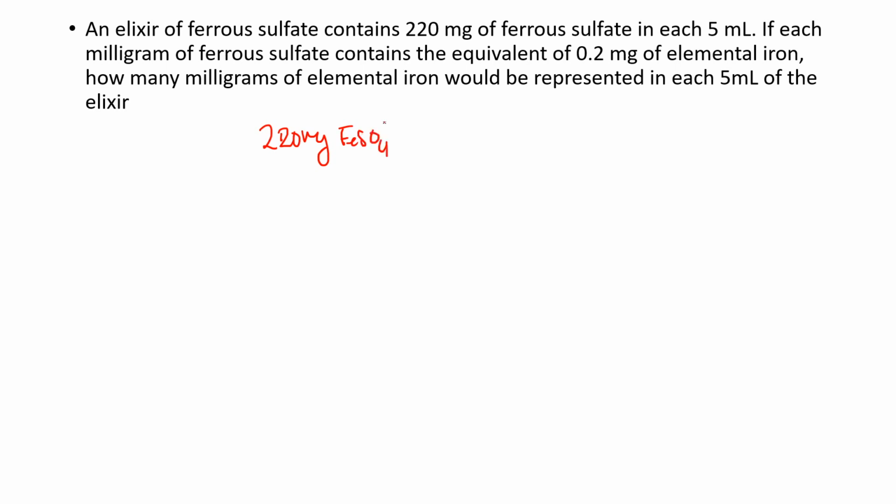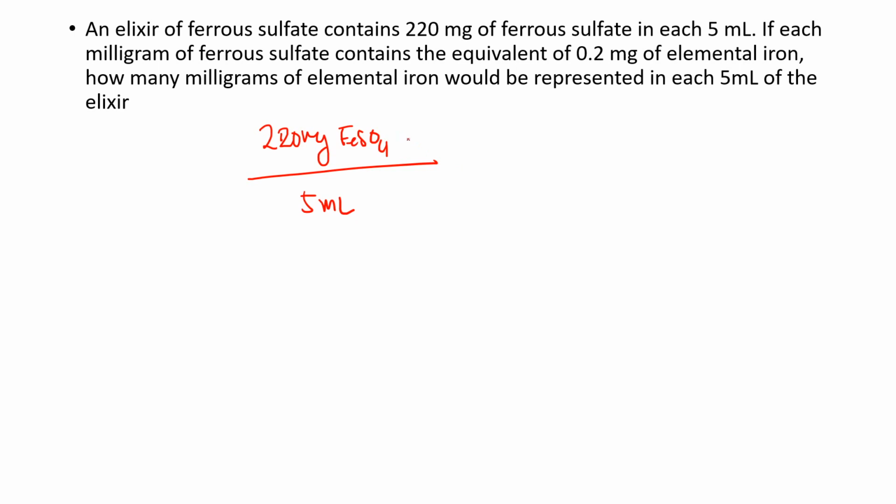This is one of those times that drugs are given in different salts. 220 milligrams of ferrous sulfate in each 5 ml. Each milligram of ferrous sulfate contains the equivalent of 0.2 milligram of elemental iron. Okay, how many milligrams of elemental iron would be represented in each 5 ml of the elixir?